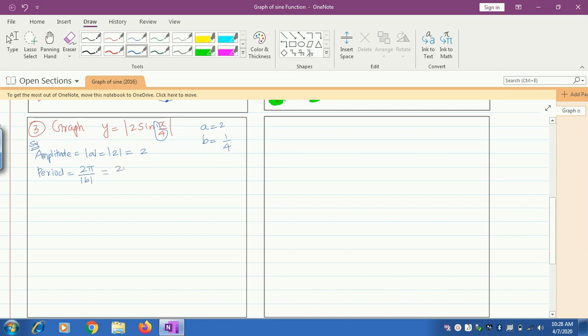What is the b value? 1 over 4. So what happens? The 4 goes up. So what will we get? The value is 4 times 2, which is 8 pi. So this is the period and this is my amplitude.